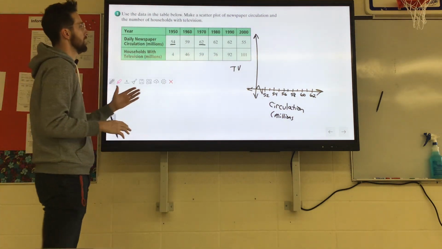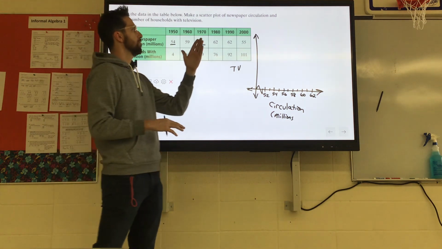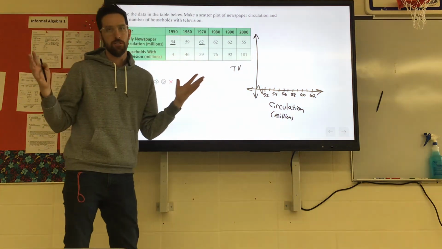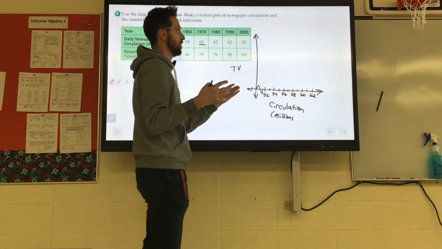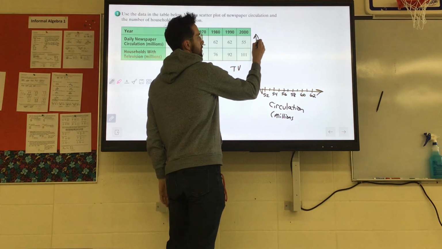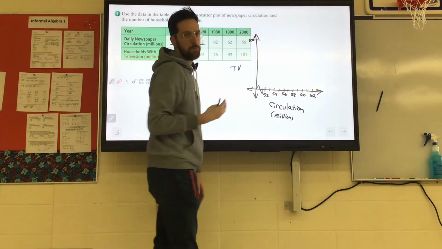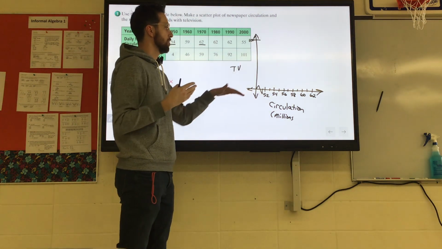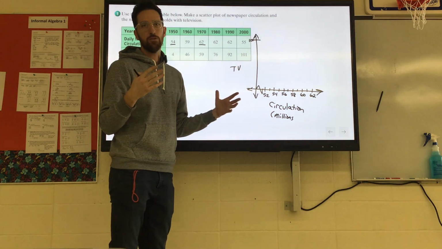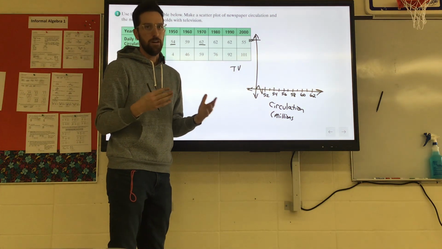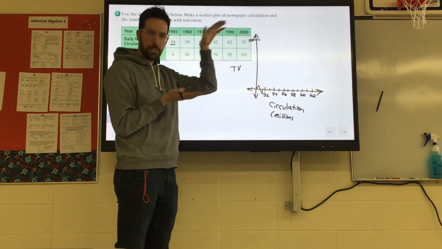If we look at the TV, it goes from 4 all the way to 101. Huge spread. So we could start this one at 0, make 100 up here, and then 101 would be just a little beyond that. When I'm scaling these, I usually choose numbers I can divide by 4, because it's easy to find a middle-ish.